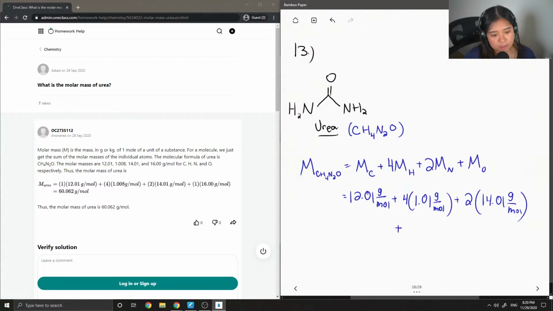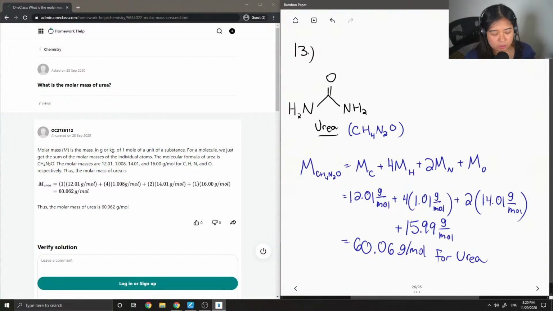And lastly, the molar mass of oxygen is 15.99 grams per mole. So now I'm going to add all these values up, and I end up getting a final molar mass of 60.06 grams per mole for urea.